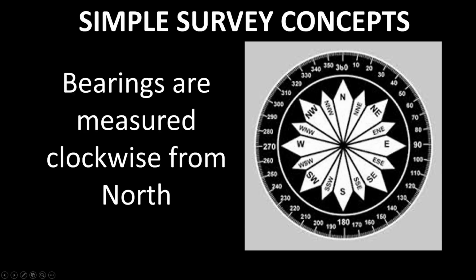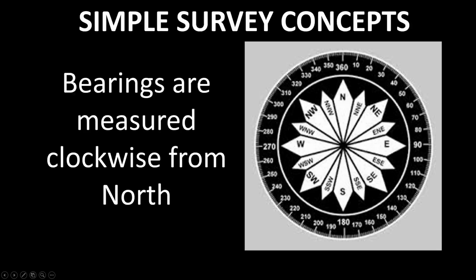North obviously is usually up the page, or that's how we try to do it most of the time, and it is either 0 or 360 degrees. The bearings are then measured clockwise around from 0, 90 degrees east, 180 degrees south, 270 degrees west, and then back around to north again, obviously at 360 degrees, or start again at 0.